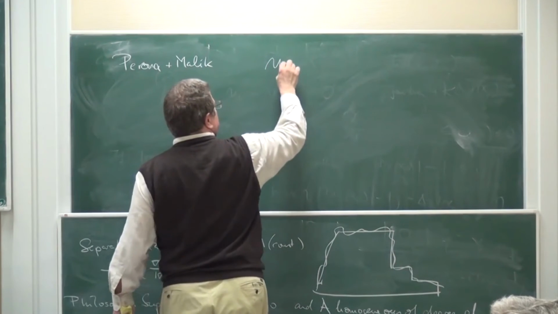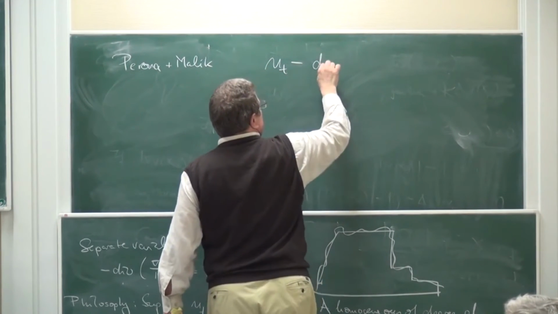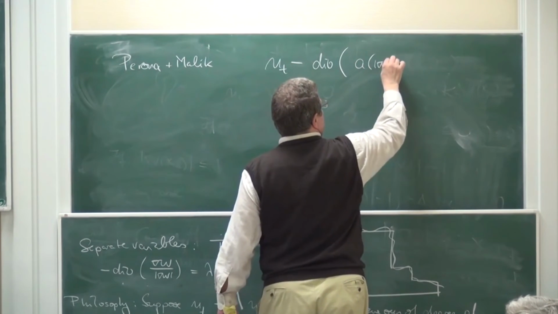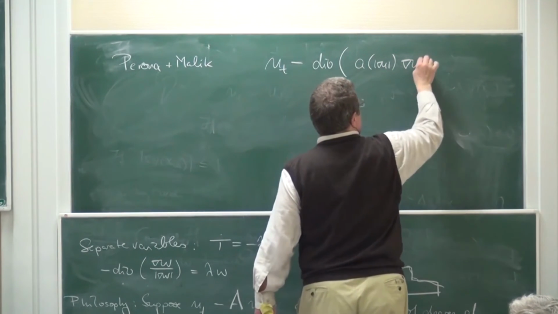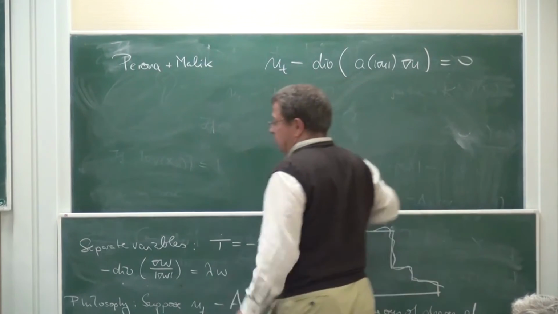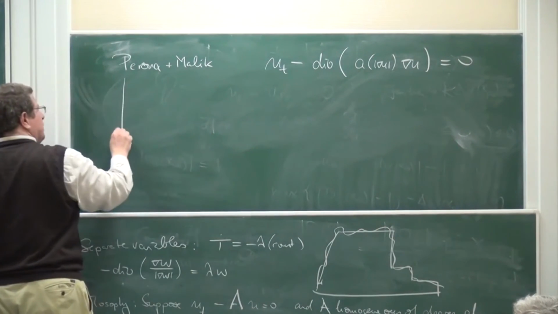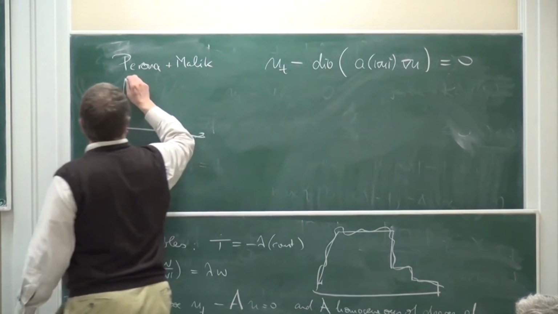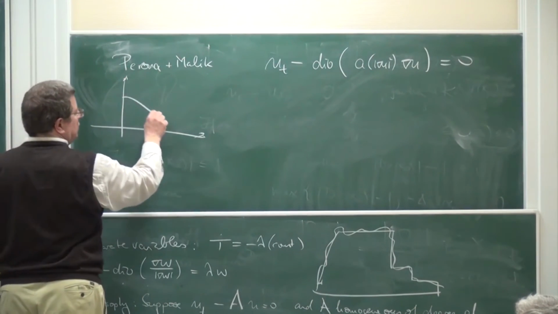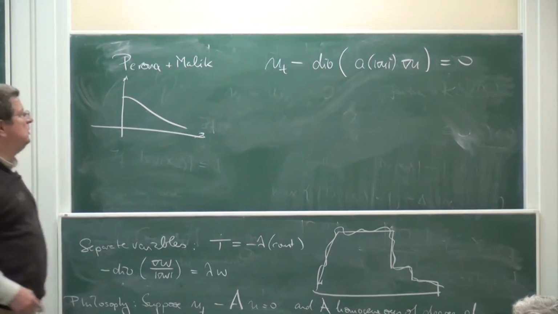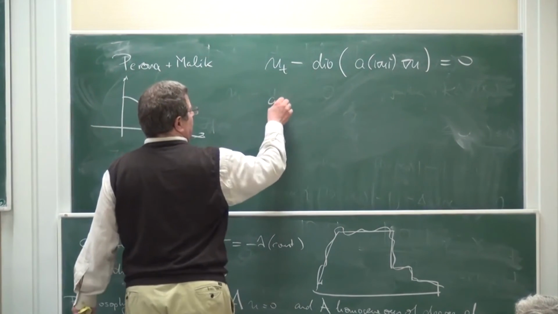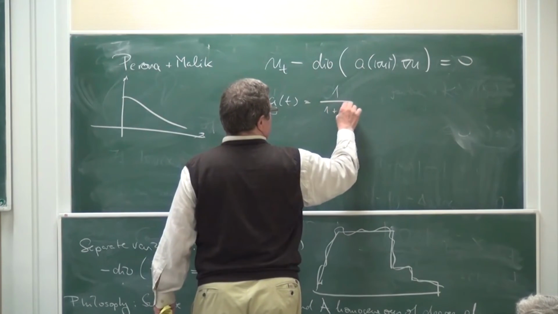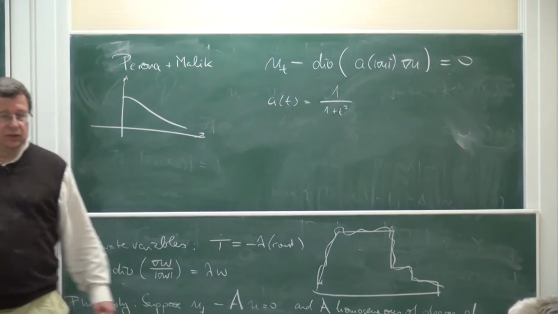They took an equation u sub t minus divergence of a(gradient u) times gradient u equal to 0. And the coefficient a behaved a little bit like this. So a of t was, I don't know, 1 over 1 plus t squared, I think.